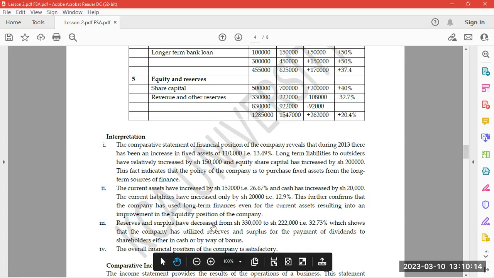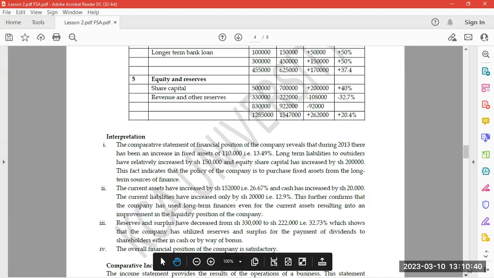Reserves and surplus have decreased from 330,000 to 222,000, i.e. 32.73%, which shows that the company has utilized reserves and surplus for the payment of dividends to shareholders, either in cash or by way of bonus.